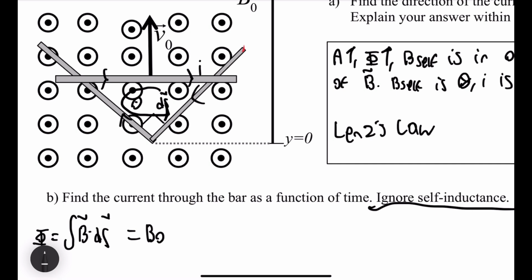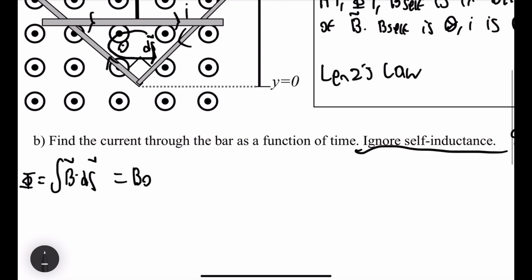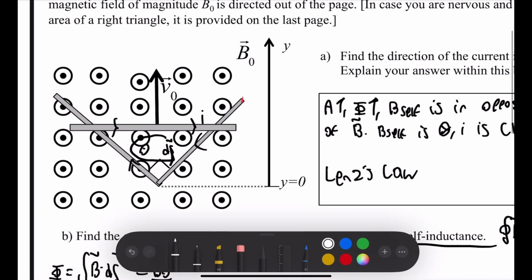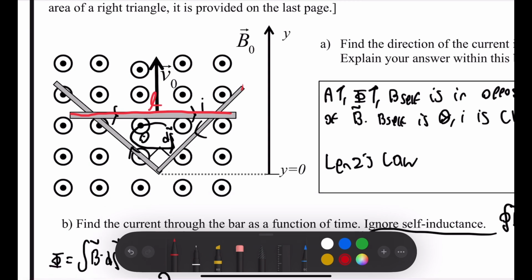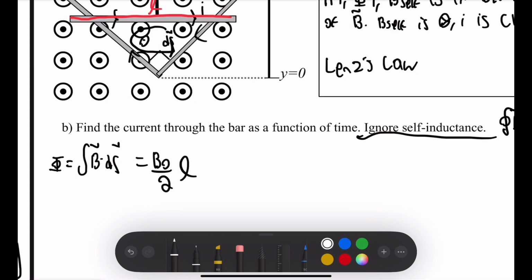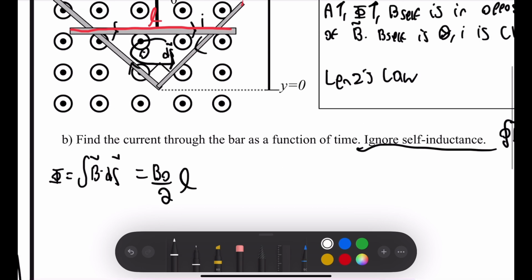Well, the area of a triangle is 1/2 the base times the height, right? So it's going to be B naught over 2 times the base, where let me give this rod a length L. So times the length, and then we're going to have to multiply it by the height of the triangle, which in this case I'm going to call y.